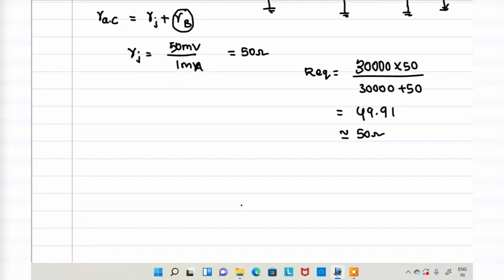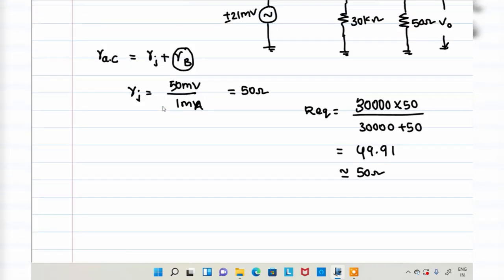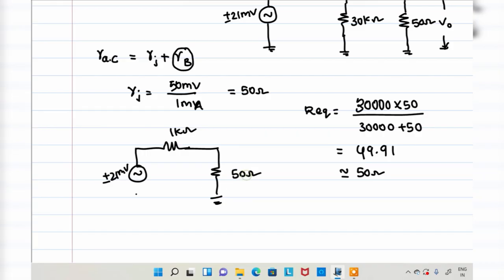So finally our circuit has plus 21 millivolt, 1k here, and only 50 ohms here, with voltage V0.